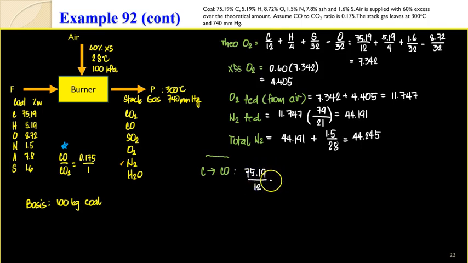This becomes kilomoles of carbon. However, all in all, you'll have 1.175 parts, because if there's 0.175 part of carbon monoxide and 1 part of carbon dioxide, the total parts is 1.175.